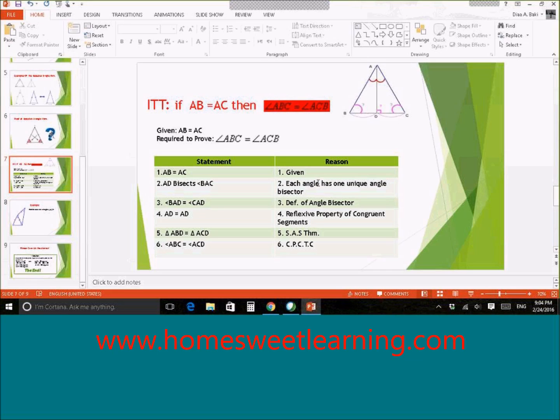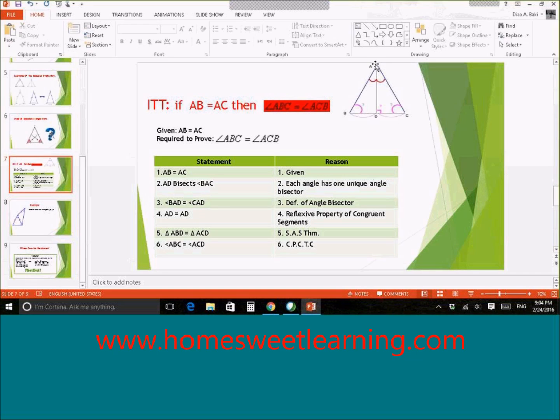Each step flows from, or is the result of, the previous step. Usually we start the first step with the given. The given that the isosceles triangle theorem says, which is AB is congruent to AC. I wrote it, AB is equal to AC. What is the reason for this? It's the given. I've been told this.